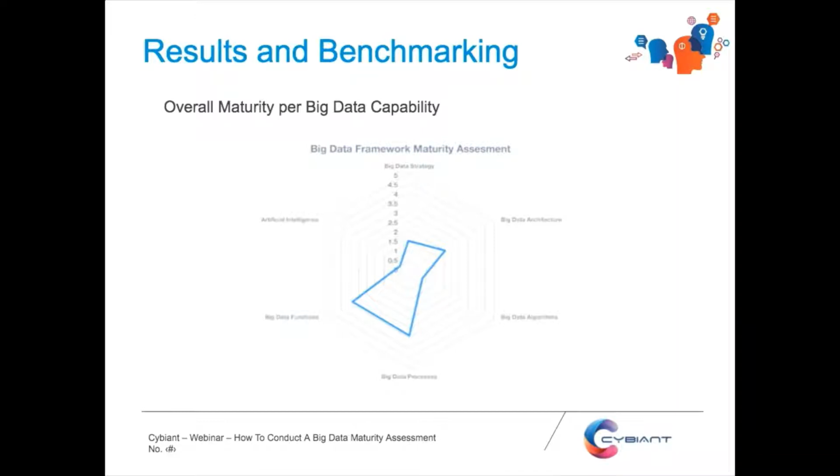For all the big data assessments that we do, we also keep and collect the data for every particular industry and every particular geographical region. So you always have a benchmark: we score, for instance, a 2.3 on big data architecture, but how does that compare with the market, or with a particular industry? That's the benchmarking part, and that's also a result you get out of doing an assessment.